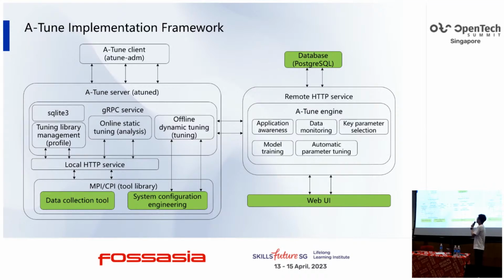The A-tune client is used to interact with users and output the results. The A-tune engine includes all the algorithms of A-tune, such as the classification models, key parameter selection models, model training, and the automatic parameter tuning. The three parts can be installed on different machines, and they can communicate through gRPC.